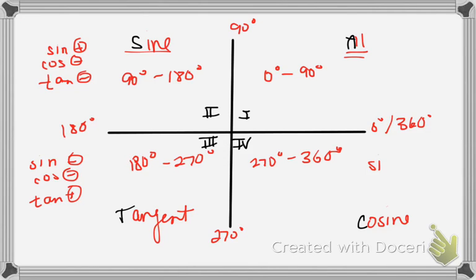So we have sine being negative, cosine is positive, and tan is negative. So the cast rule helps us whenever we have some kind of trig ratio that is over 90 degrees. And the special triangles will help us for angles that have reference angles of 45, 30, or 60.